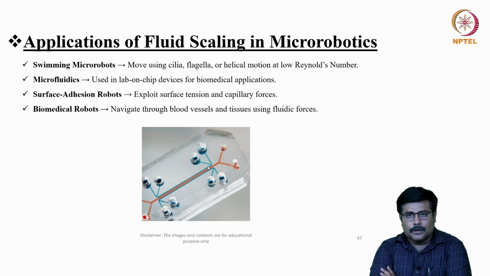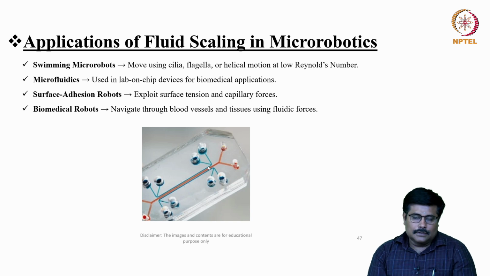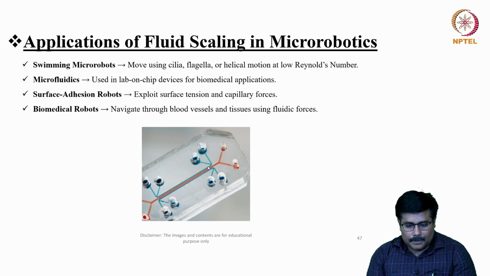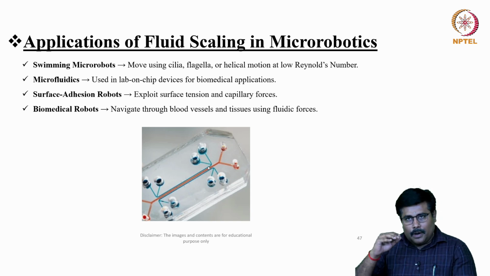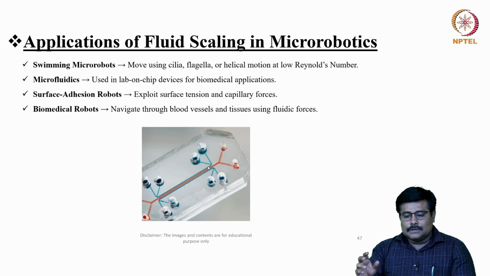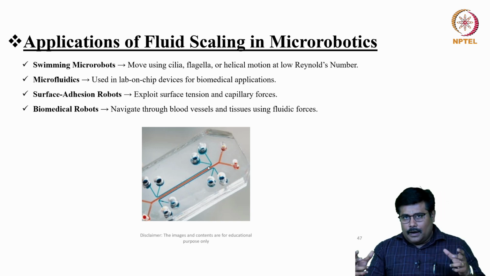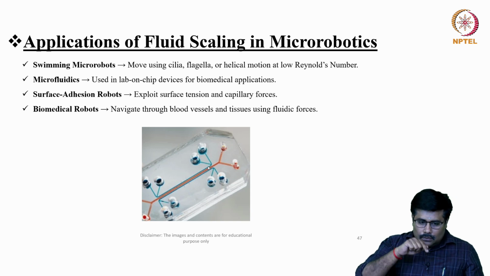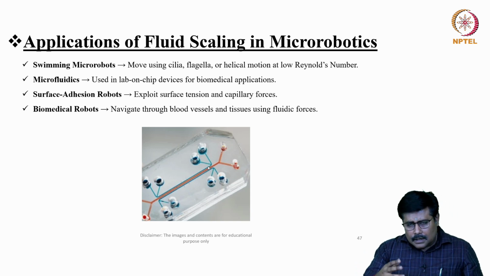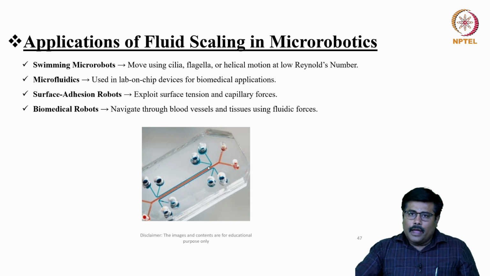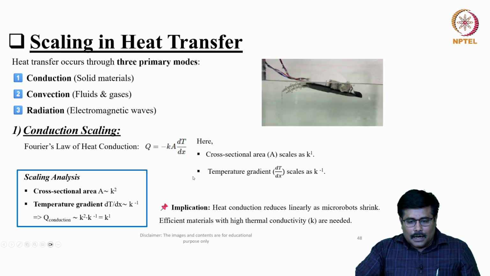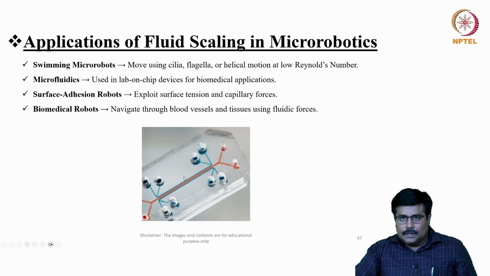Surface adhesion robots exploit surface tension and capillary forces. Biomedical robots navigate through blood cells and tissues using fluidic force. Ideally, we have micro channels through which such biomedical robots can be actuated, and this has potential application in fluidic scaling.